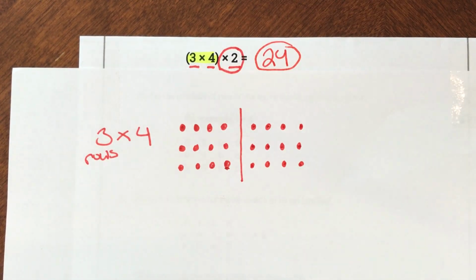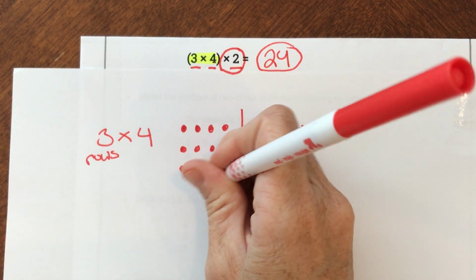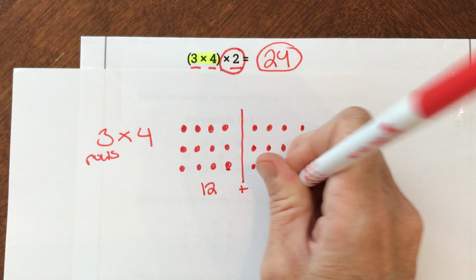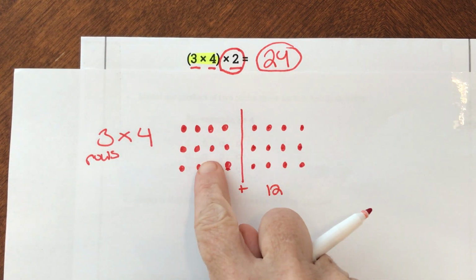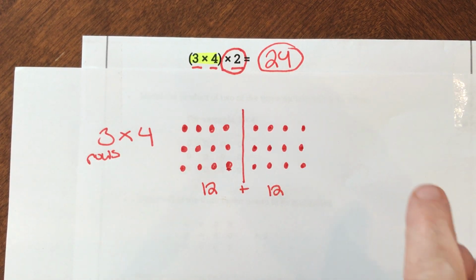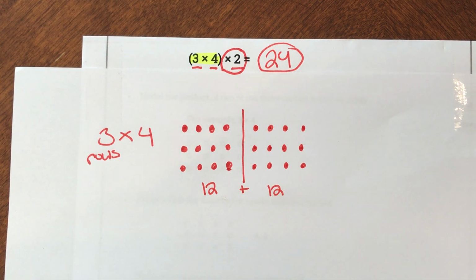My answer is 24, or my product is 24. Okay, I could have also looked at it and said I have 12 here, plus I have 12 here. But I thought for me it's easier just to count them all. Okay, let's look at my next one, ladies and gentlemen.